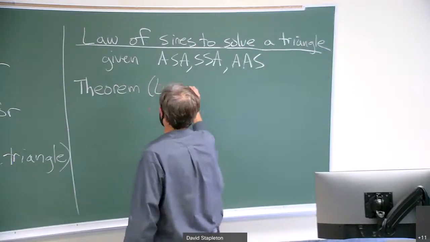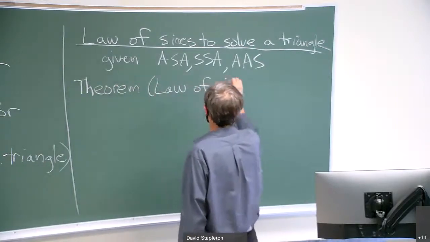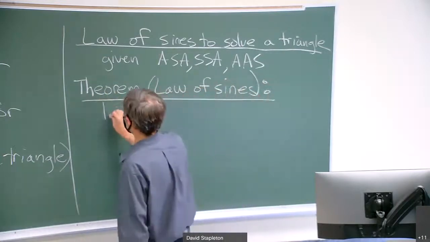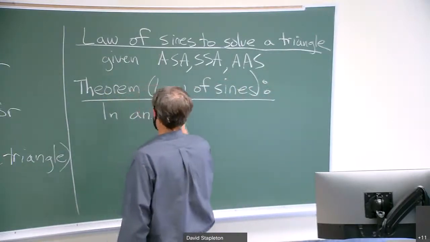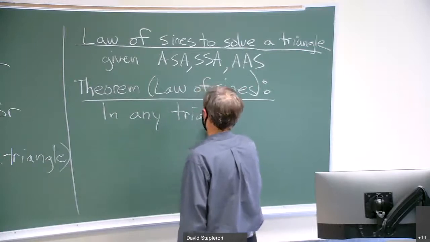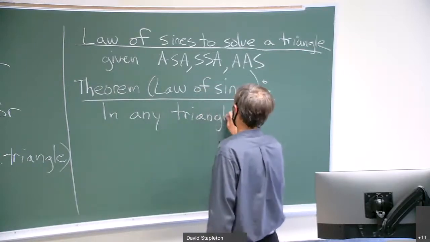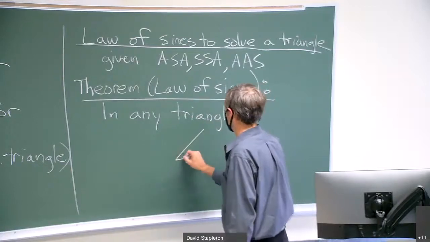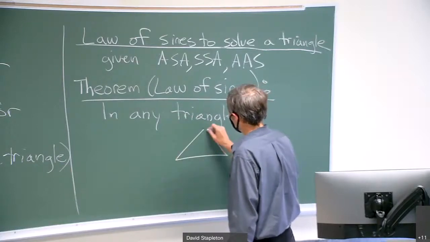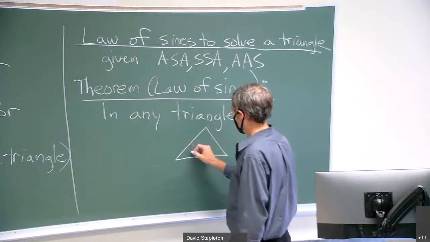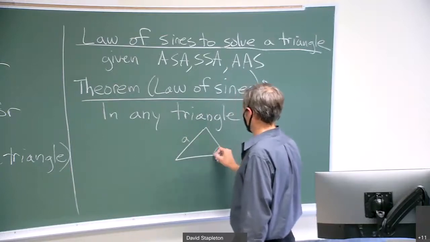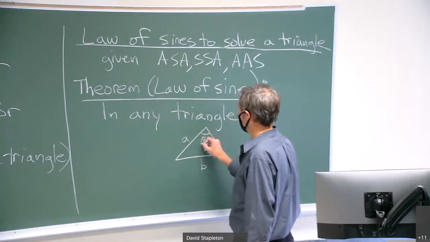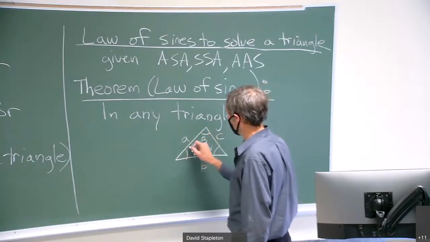It's called the law of sines, usually stated this way in books. In any triangle whatsoever, including right triangles, but you don't want to use it there, it's longer. You label the triangle this way: A goes opposite angle alpha, B goes opposite angle beta, and C goes opposite angle gamma.